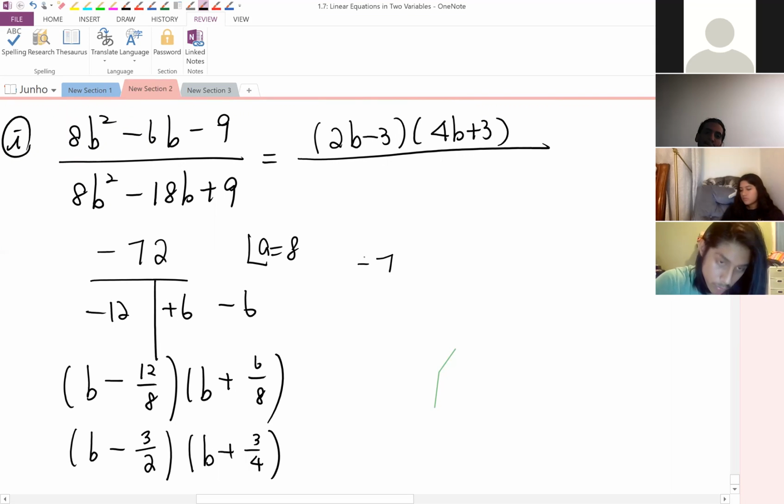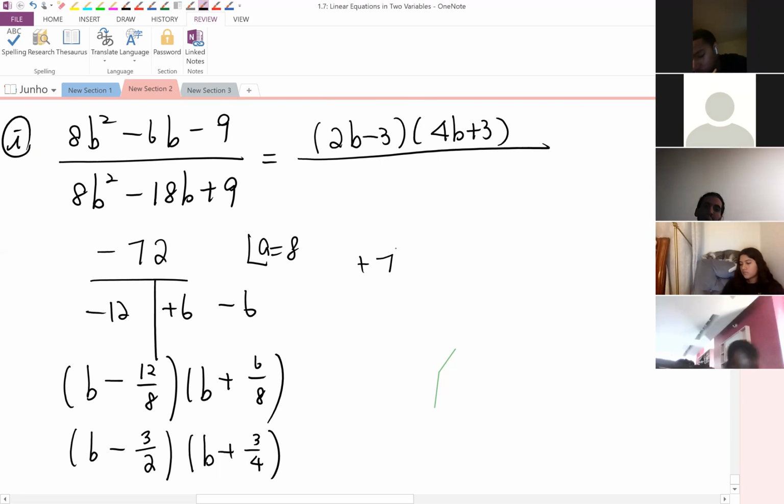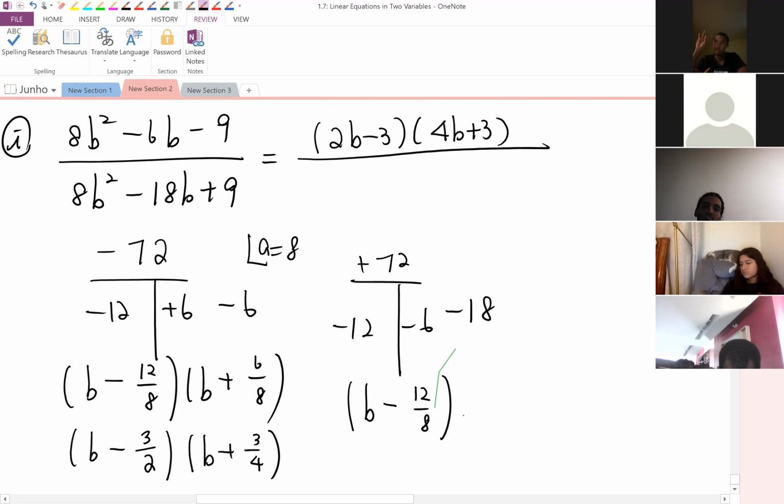This time it's plus 72 and negative 18. Minus 12 minus 6. Then it becomes b minus 12 over 8 again, and b minus 6 over 8.